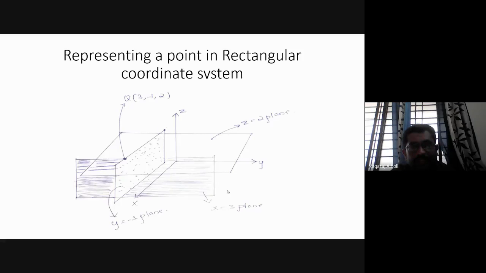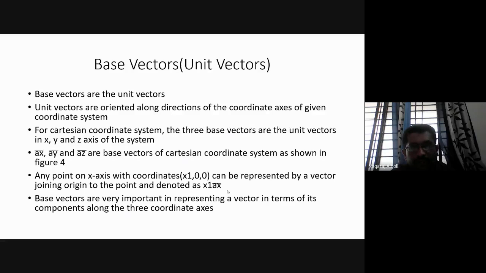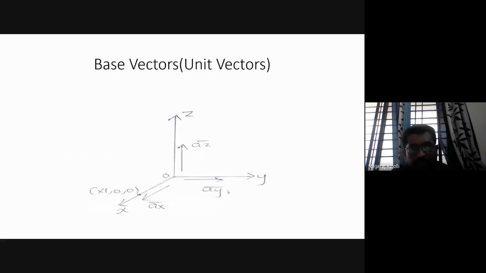The intersection of these three planes gives us the required coordinate, so in this example we got the coordinate Q of (3, minus 1, 2). Then base vectors are also called unit vectors. We already dealt with unit vectors, right? These are the base vectors or unit vectors along x as ax bar, along y as ay bar, and along z as az bar.